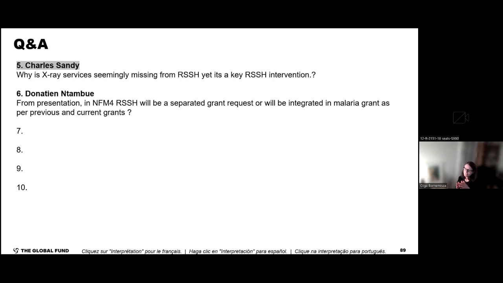You can include the RSSH in a standalone funding request, which will become a standalone RSSH grant, or you can include the RSSH in a disease funding request, and then include that RSSH under the PR-ship of the disease grant, or you can create a standalone RSSH grant out of the disease funding request. So you have to think about funding requests as different from the grants. You can have different types of grants coming out of a disease funding request. So hopefully that's clear.